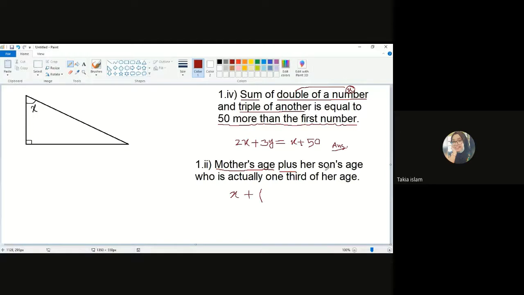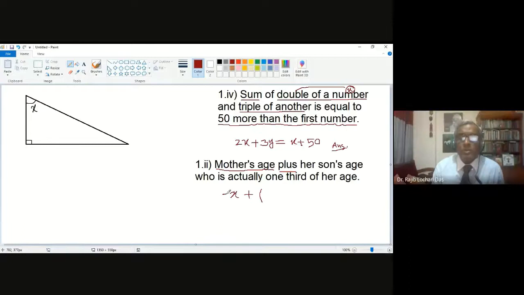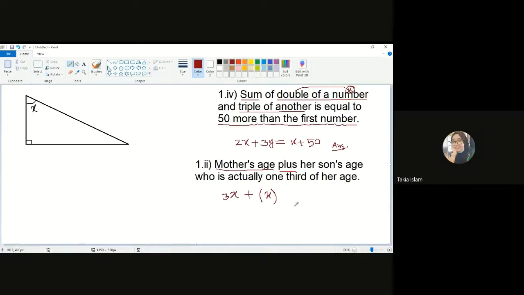Sir, I considered mother's age as 3x and her son's age as 1 by 3 into 3x, so that comes x. Okay, so good. So mother's age is 3x and son's age is only x. So mother's age plus her son's age, the sum of their ages is equal to 4x.